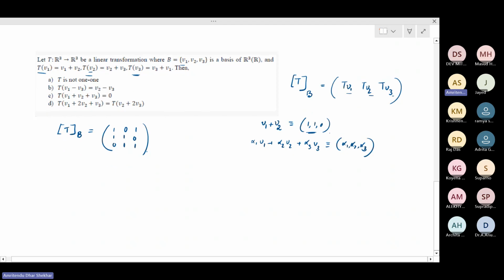If T were to be not 1-1, let me just write it over here, T not 1-1 in this case implies that the determinant of T is equal to 0.